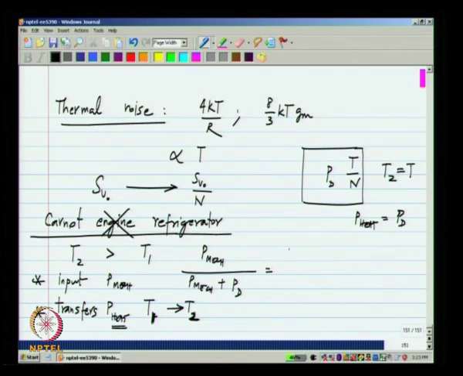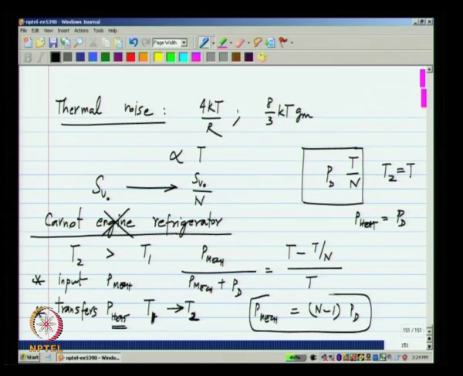P d equals T2 minus T1, that is T minus T by n divided by T. Okay. And I have to calculate P mech from this. If I do the calculations, I will see that P mech is n minus 1 times P d. Okay. That just comes from some simple algebra on this relationship.